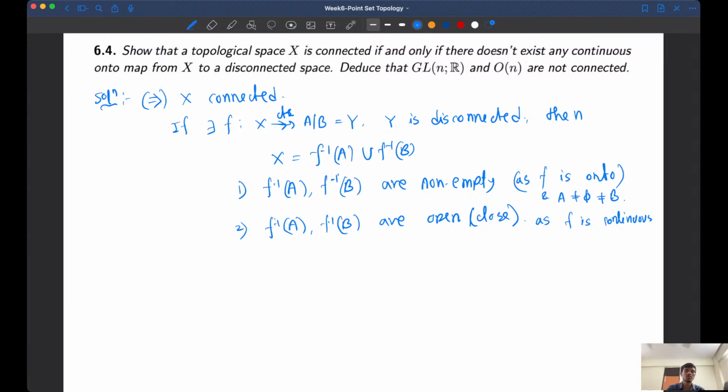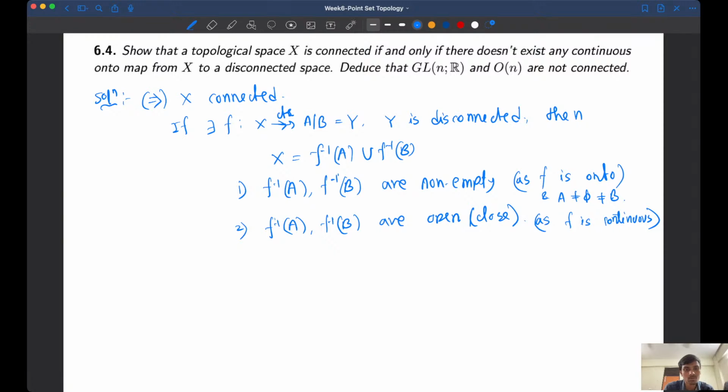So they are open: the inverse image of an open set under a continuous map is again open, and this is the only thing. So non-empty, open, and f inverse of Y has to equal X, so that's fine.